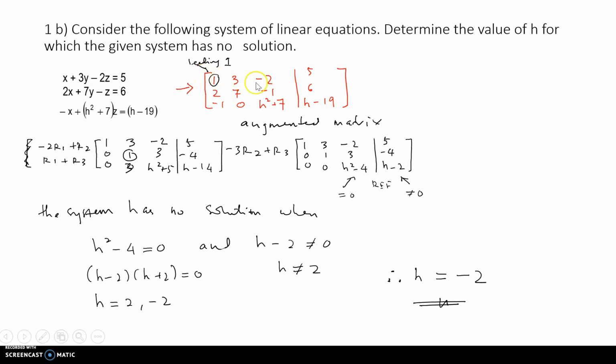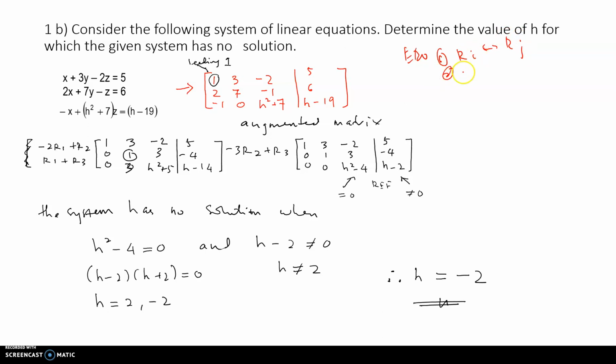Is there any leading one for row 1? Yes, we got a leading one here. So next you have to zeroize the numbers below the 1. To zeroize the numbers below 1, remember the elementary row operations. There are 3 operations. Number 1, change row: Ri changes to Rj.